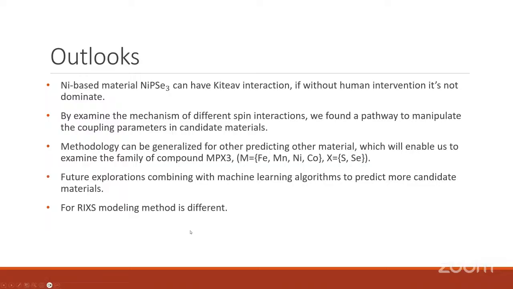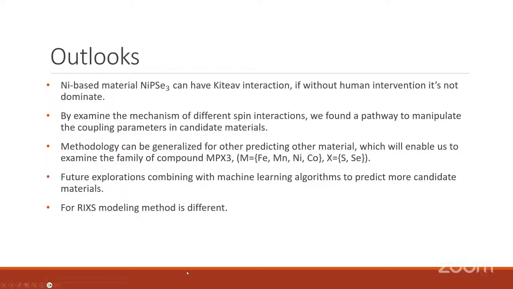But today I only talk about the spin model. I didn't talk about the other modeling strategy for RIXS. RIXS has a very different modeling strategy, which is totally different from the neutron and the X-ray measurement as I show in my talk.